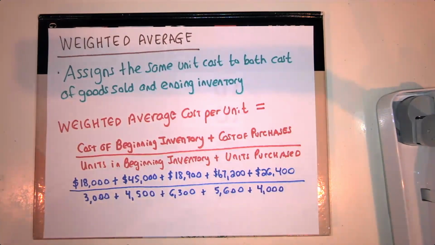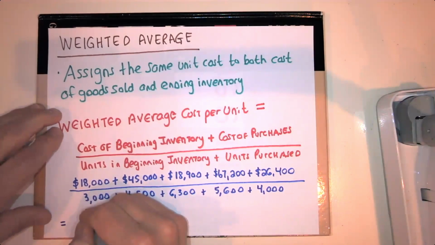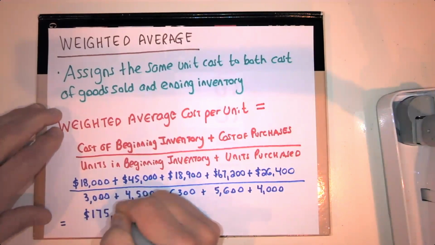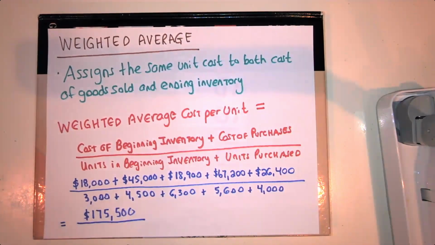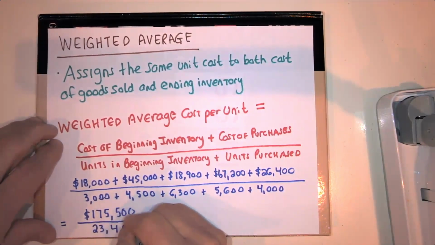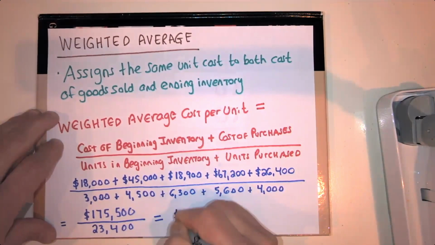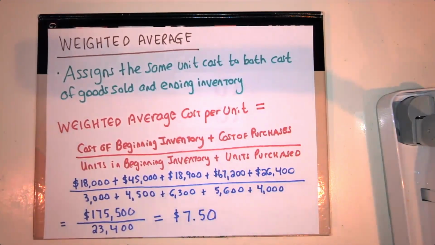So when you add all this up, we have cost of goods available for sale, $175,500, divided by the units available for sale, 23,400, giving us a weighted average cost per unit of $7.50.